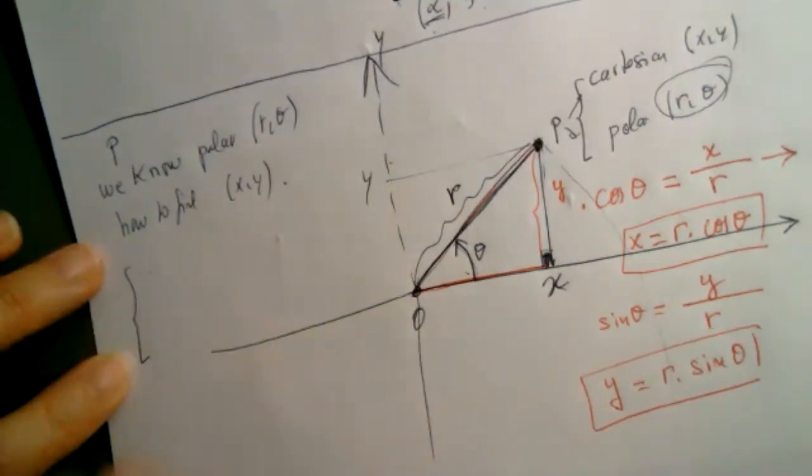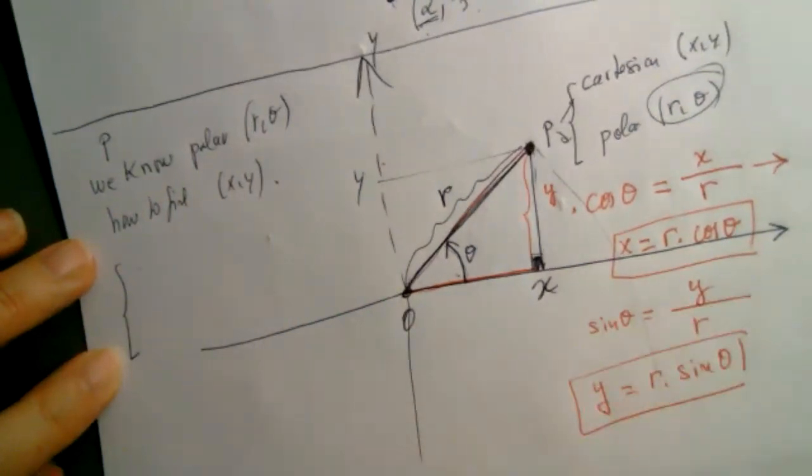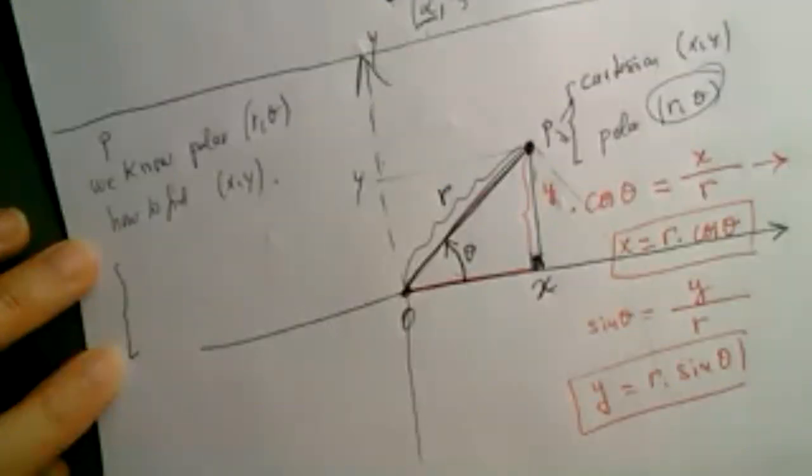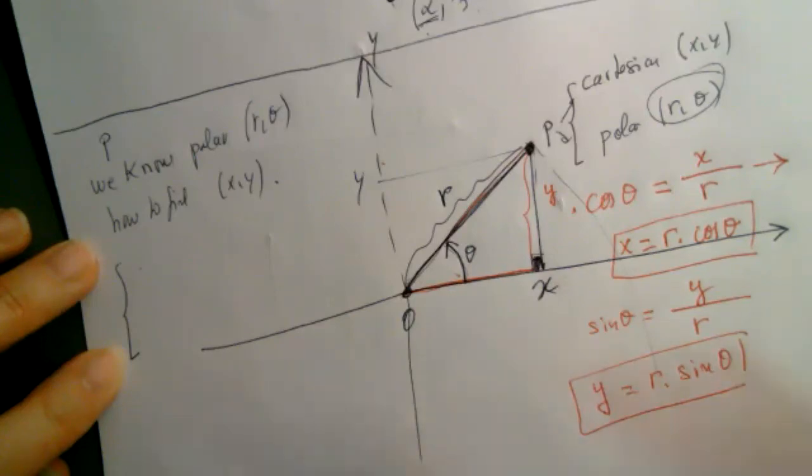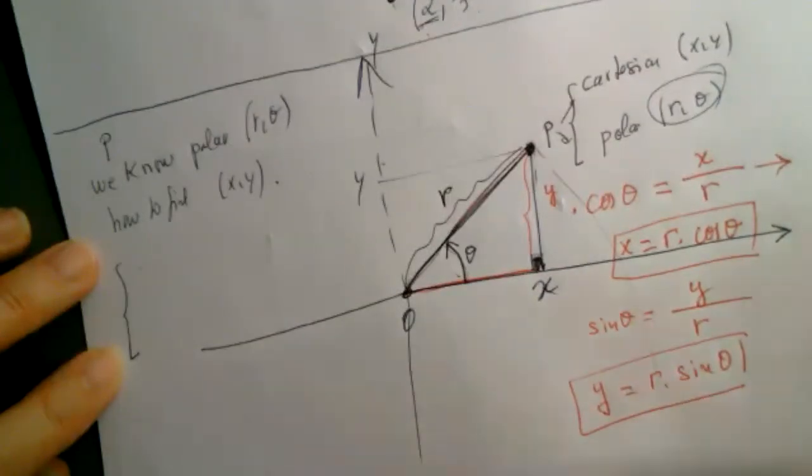If you solve for x first, could you use the Pythagorean theorem to solve for y? My answer will be yes, but it's very important to totally know those formulas. They are crucial, the formulas which give you the relationship between polar and Cartesian.